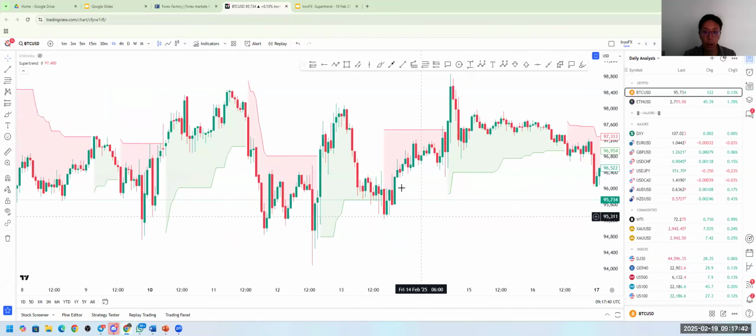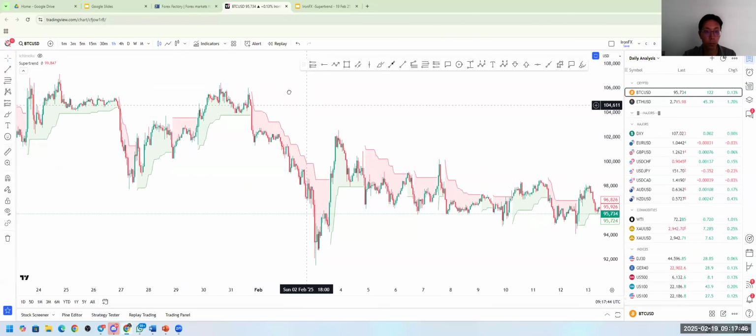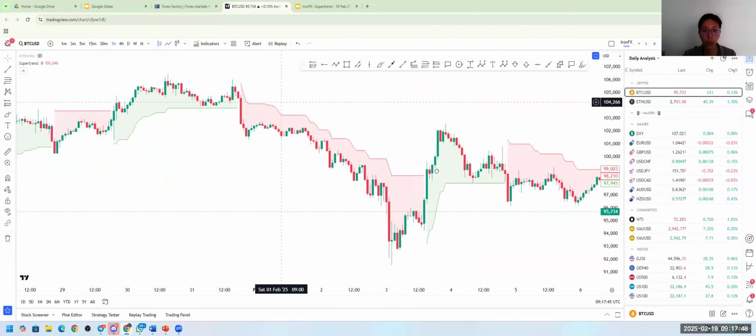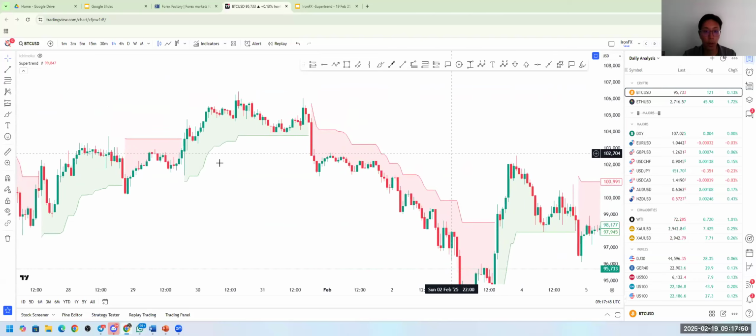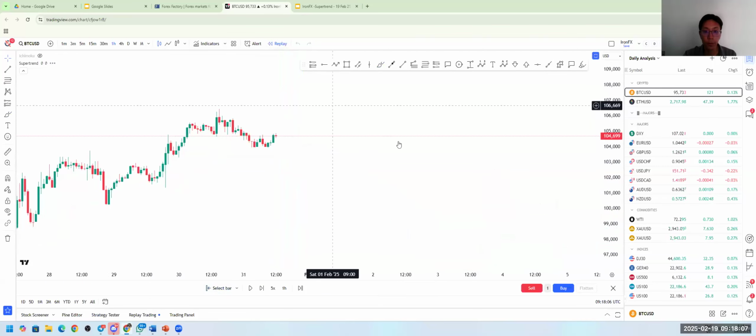Like right here, let me see. Yes. Okay, you see this area where all the way it was above this green line, right? Then suddenly it crosses below. It crosses below right here. So once it crosses below, it will tend to, let me show you guys the replay tool.